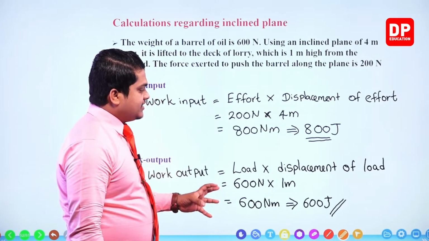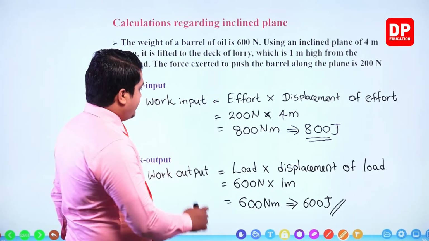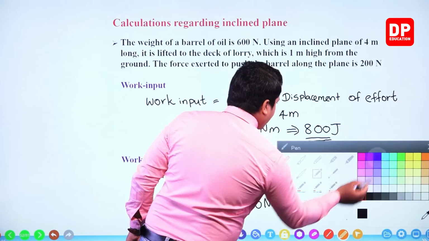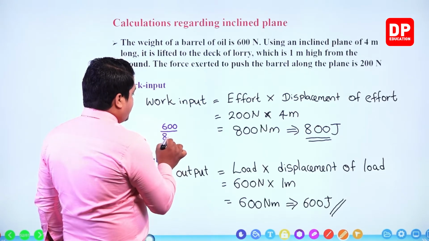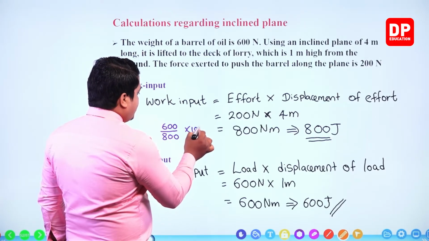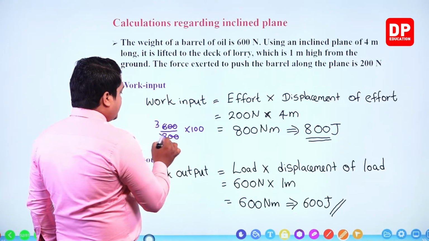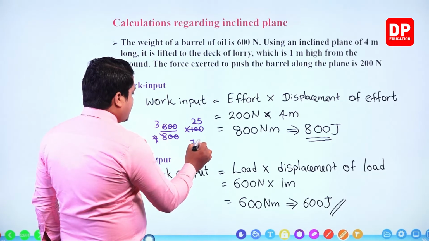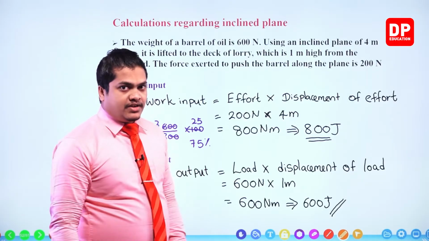Now you can see the relationship, right? When you divide 600 by 800 and multiply it by 100, once again you get the same answer as in the previous case, which is 75%, my dear children.